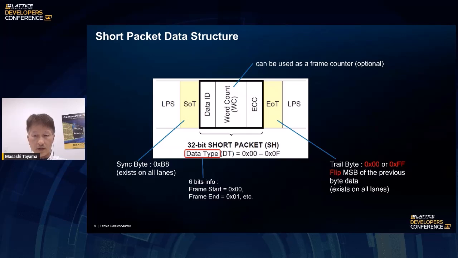In case of 4-lane configuration, 1 byte is allocated to each data lane. Sync byte is the fixed data of hex B8, showing the beginning of high-speed data transmission. And trail byte indicates the end of high-speed transmission. These sync byte and trail byte exist on all data lanes.